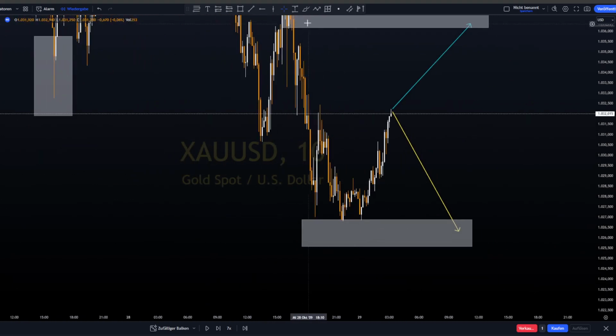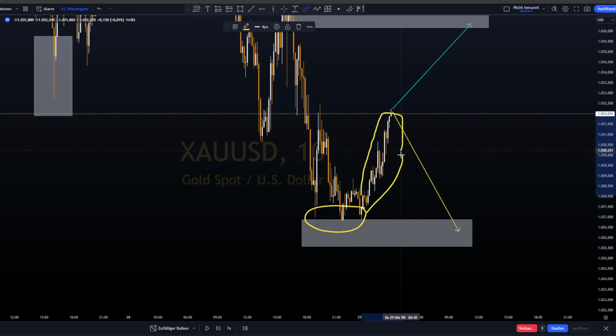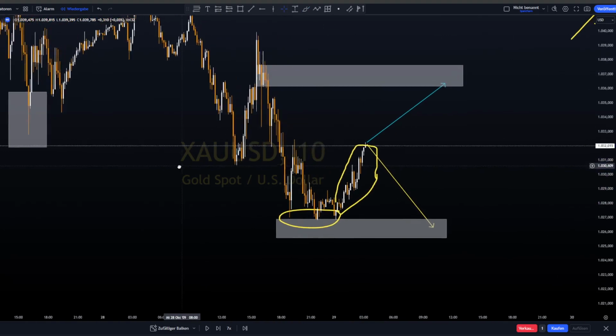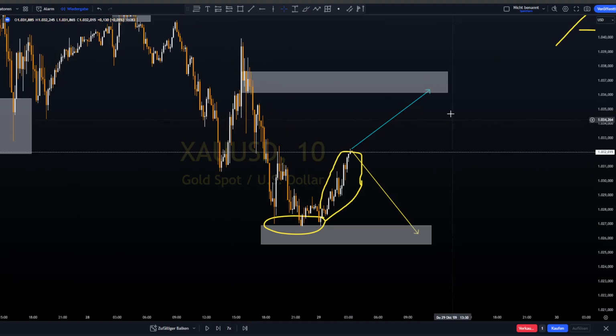And what do we see here? It looks healthy. 1, 2, 3, and now you see a healthy move is starting. And because of that, I would tend to say the blue line will most likely happen.